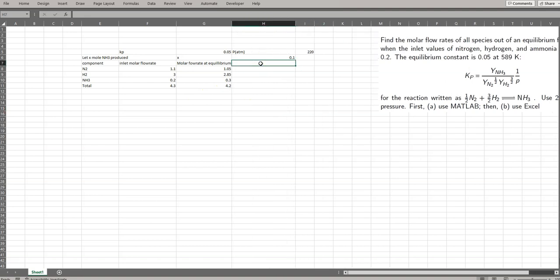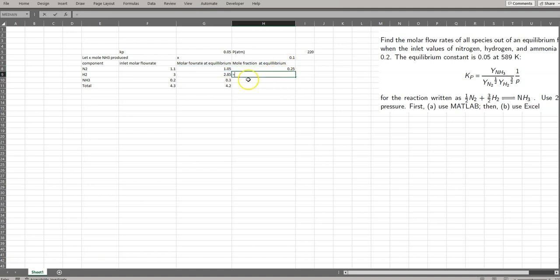Now what about the mole fraction? The mole fraction at equilibrium will be the individual mole divided by the total mole.